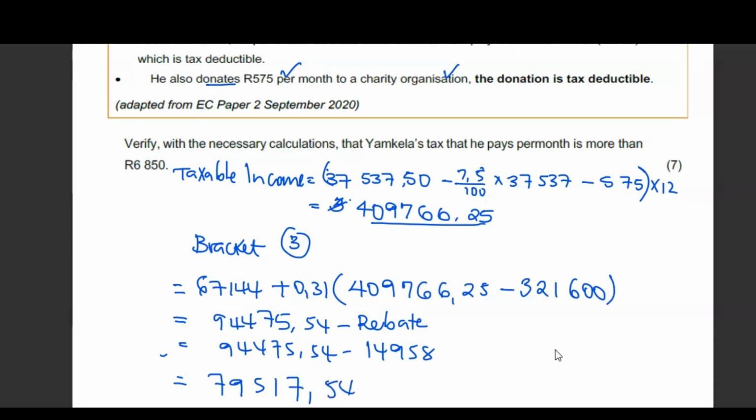Now, this talked of per month, so we divide by 12. So we say it's what? They say he pays more, and no. The statement is invalid. It pays less.